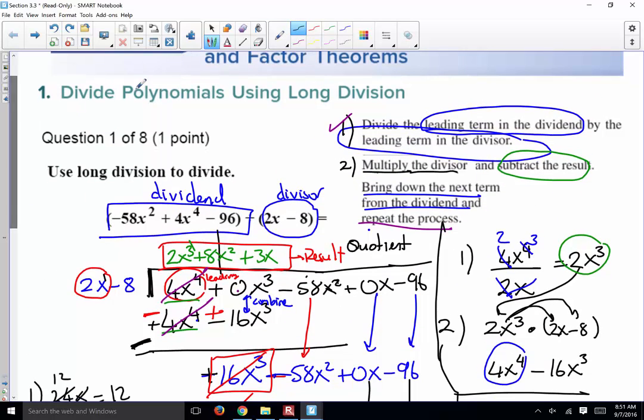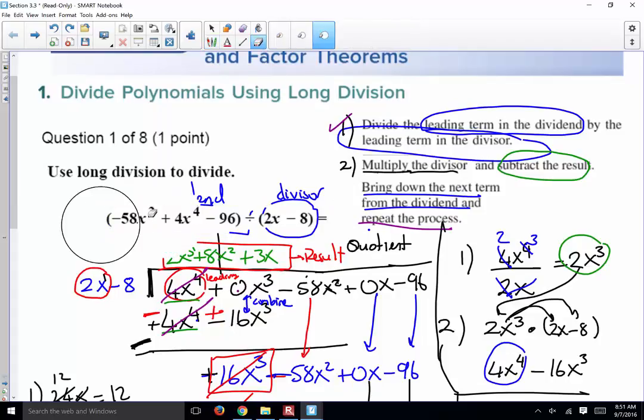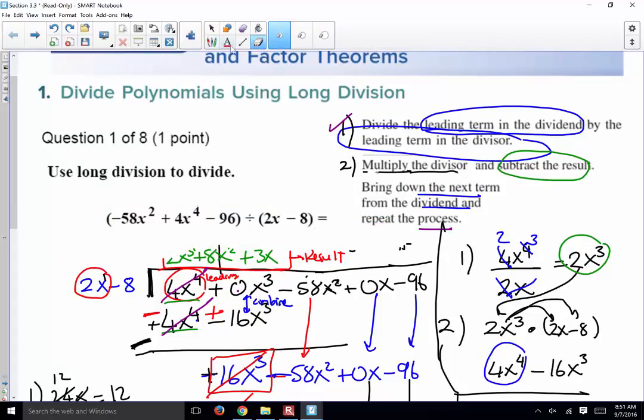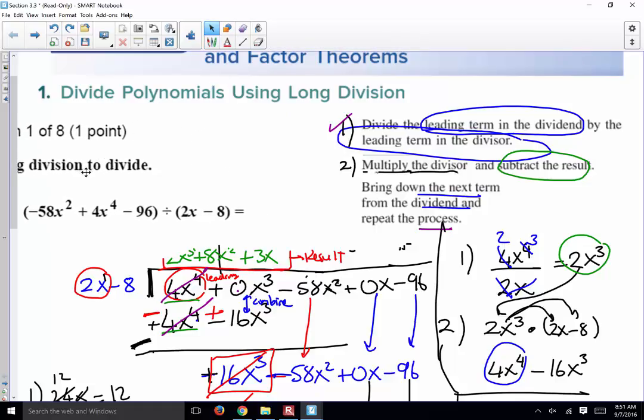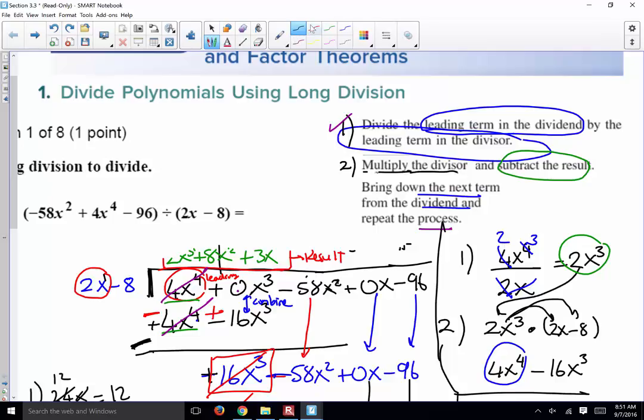I go back into this question and say the result of this division is this quotient, 2x cubed plus 8x squared plus 3x, and I have no remainder, so I don't have to put anything here.